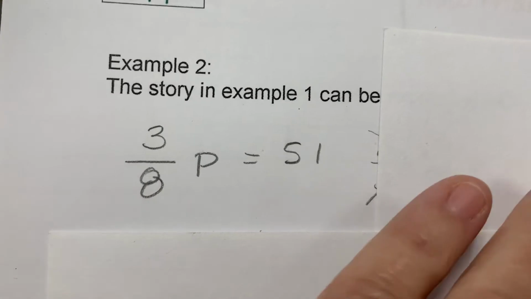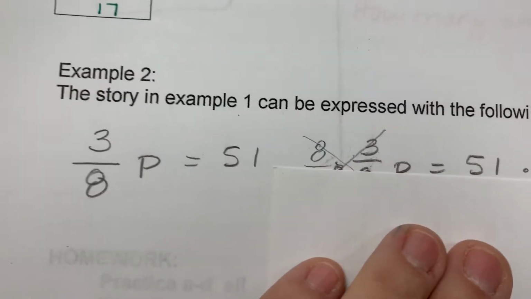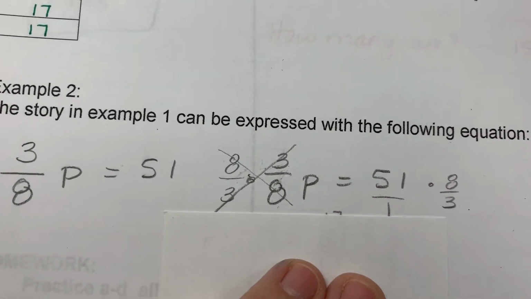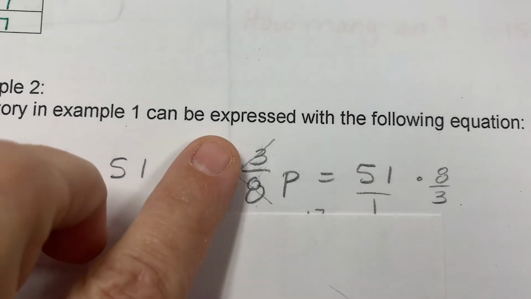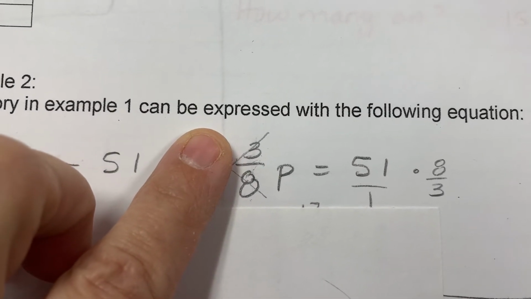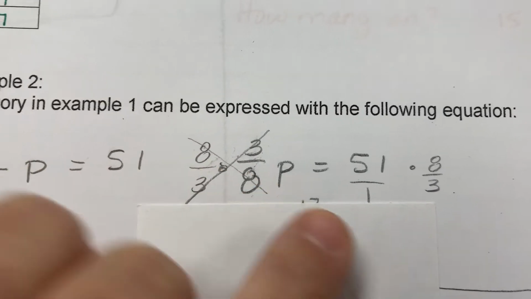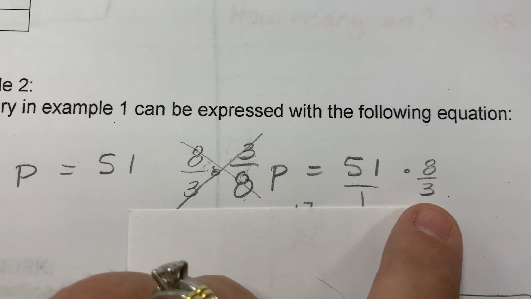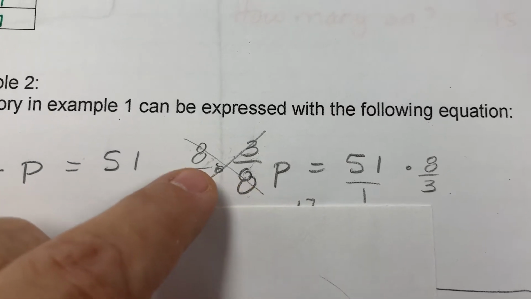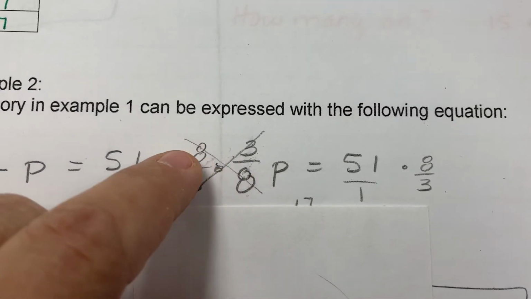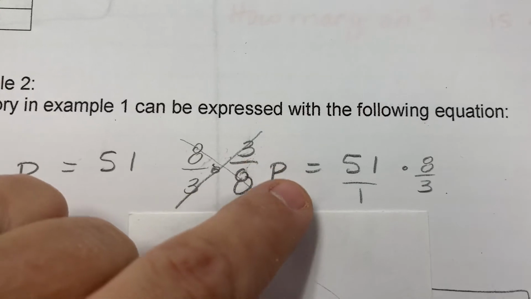So over here, I rewrite my problem, and it looks messy, but here's what I started with. 3/8 p equals 51, and I multiplied by its reciprocal, which was 8 over 3, and I did it to both sides. And if I were to cross cancel, I'd notice that 8 goes into 8 one time, so those cancel, and that cancels, and it leaves me just with p.